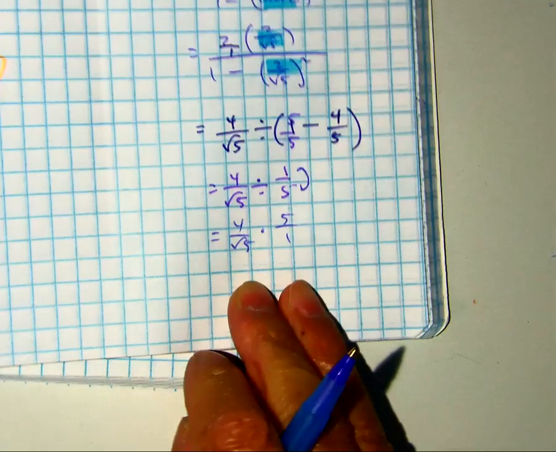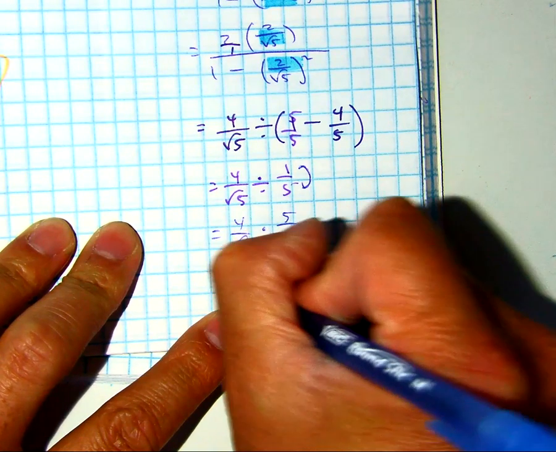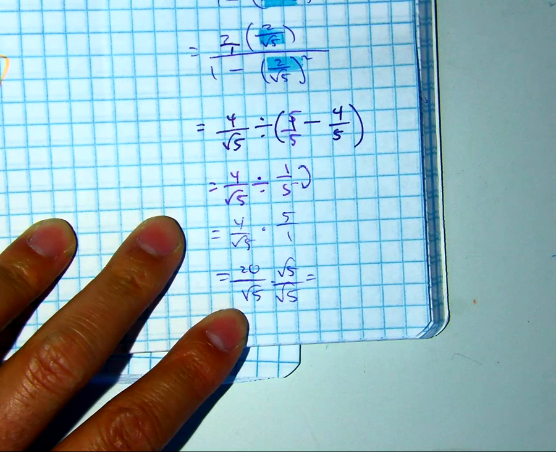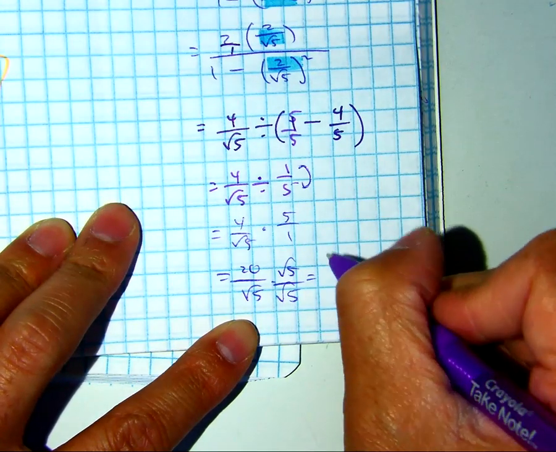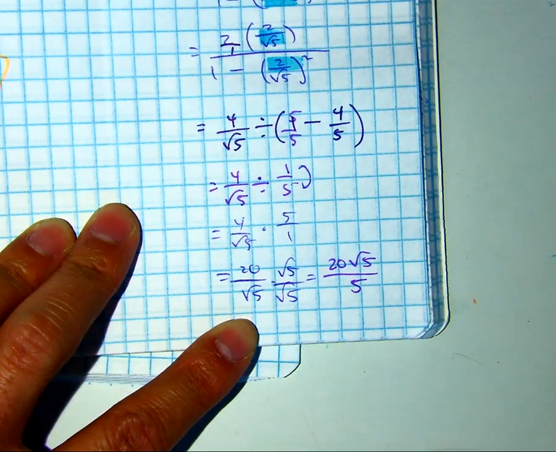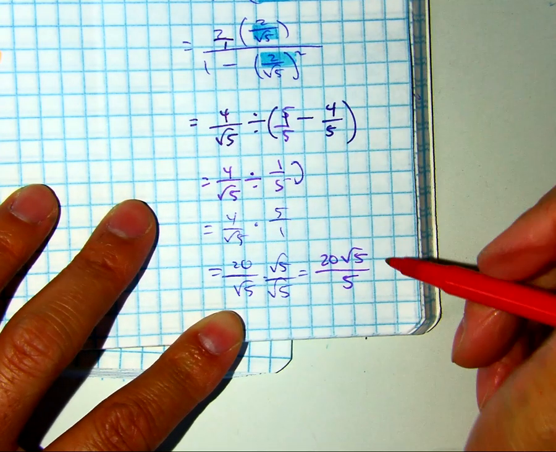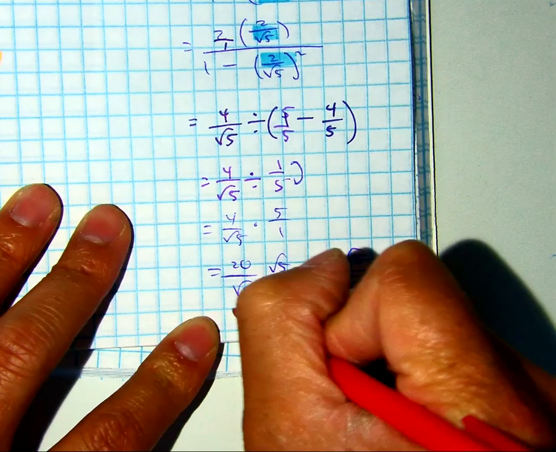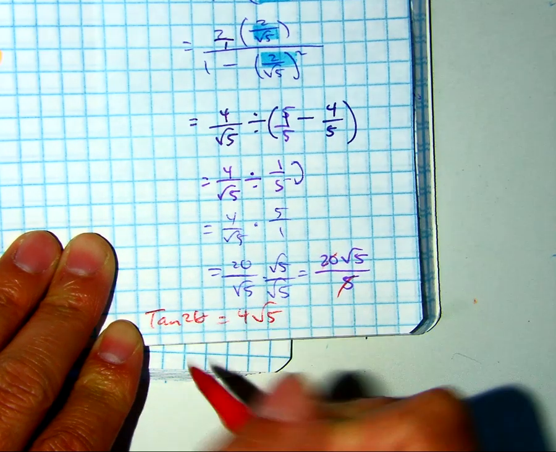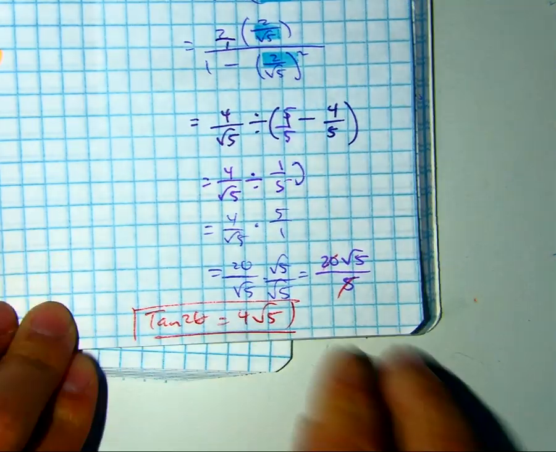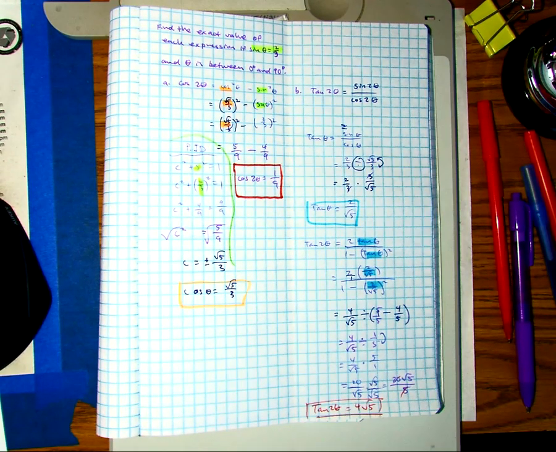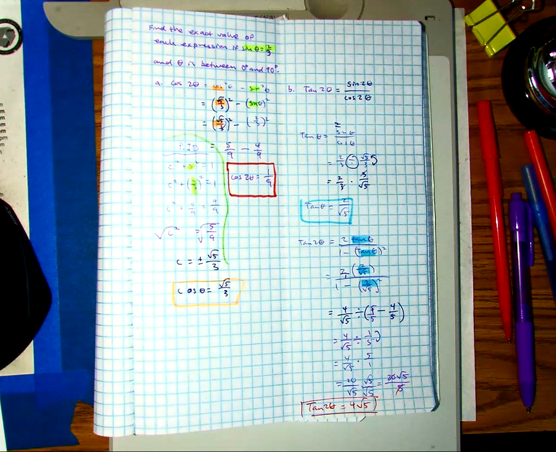So I'll get 20 over radical 5. So now I'm going to get 20 radical 5 over 5. And 20 divided by 5 is 4. 4 radical 5 is the double angle identity for tangent. So fine, we found cosine of 2 theta and tangent of 2 theta.